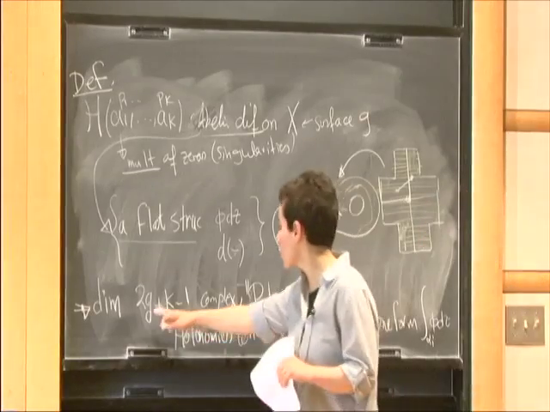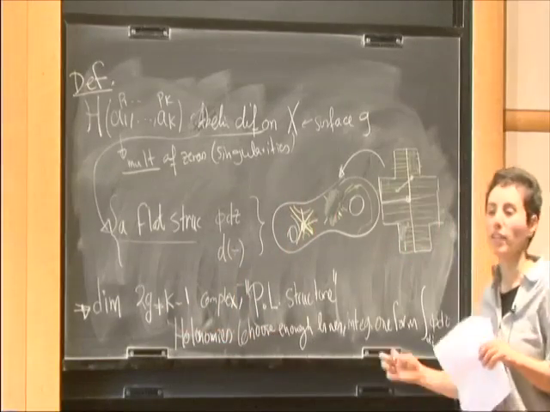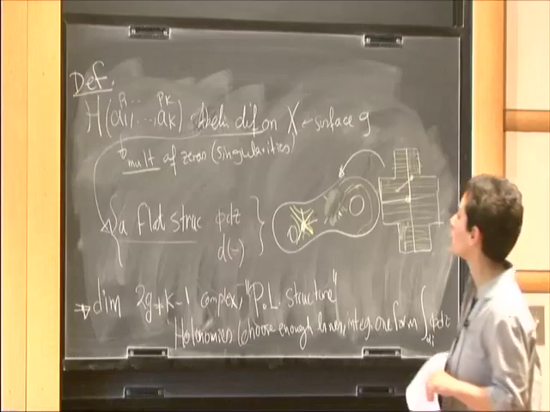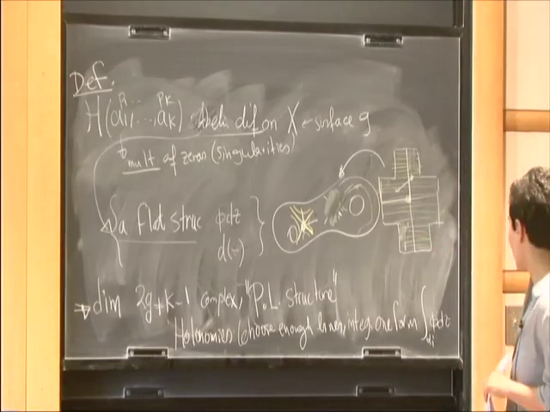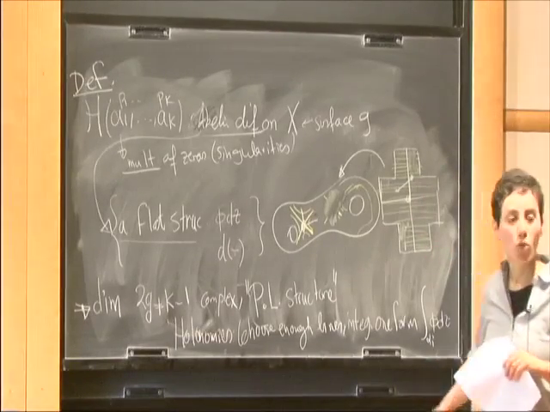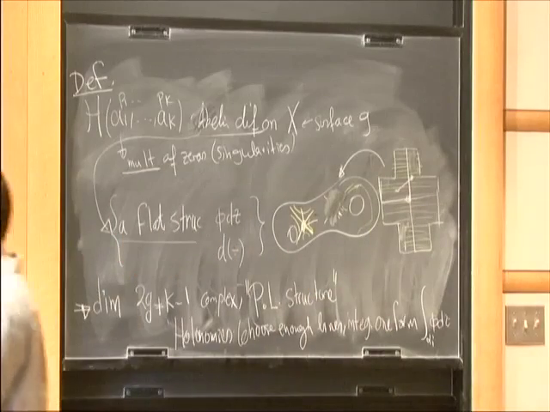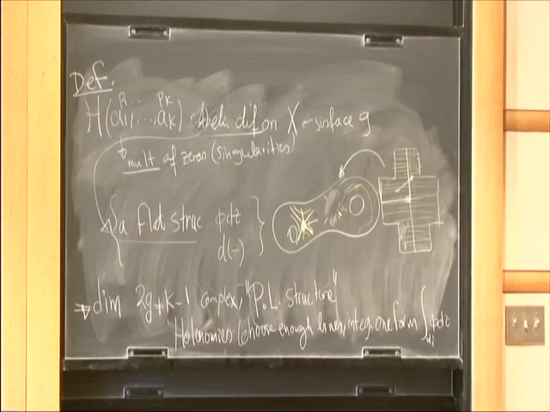You can use 2g plus k minus one of them and integrate the one form, and you get a coordinate system for the space. So let me just say a few things about this, and then next time we will discuss more of the things.